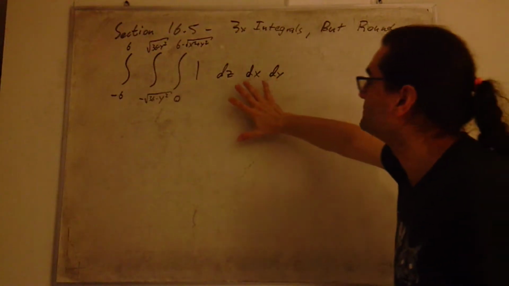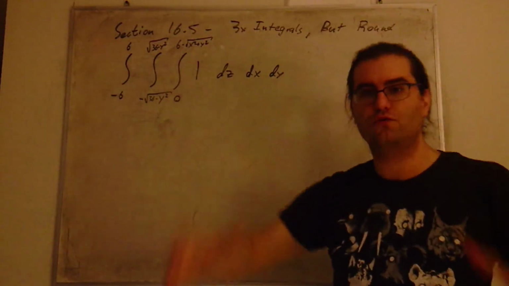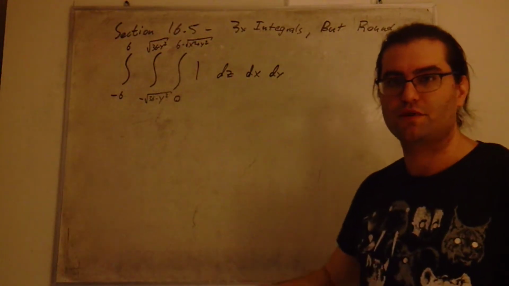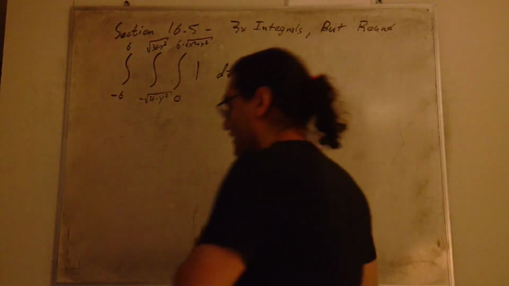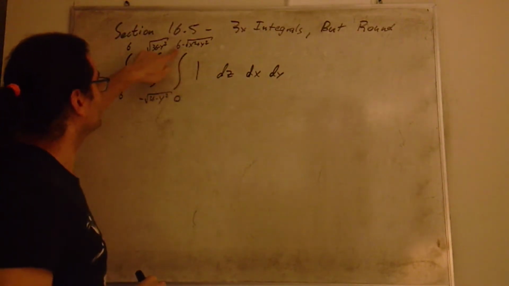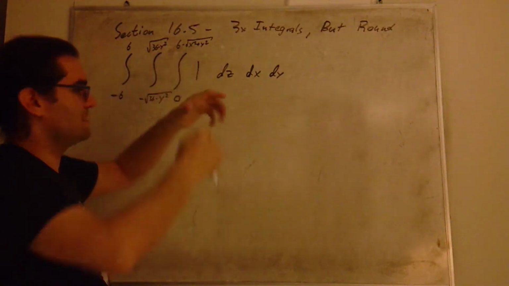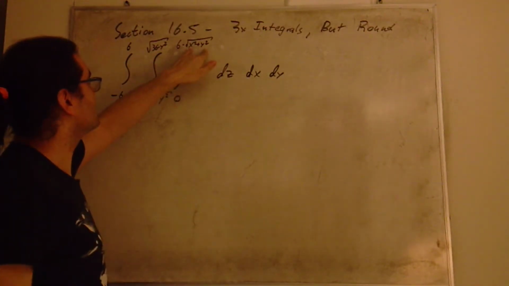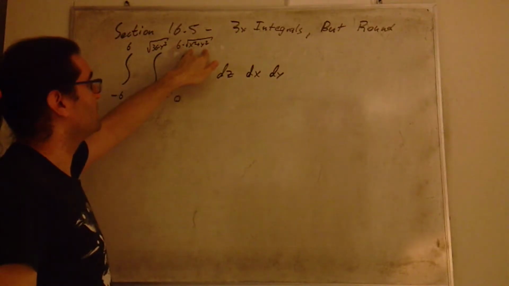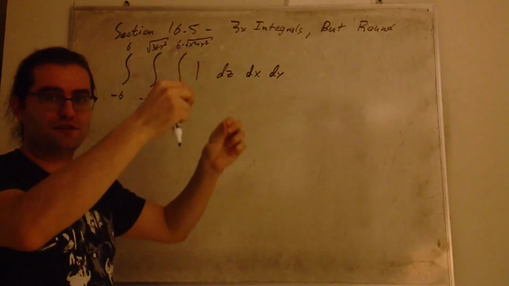But we know that this is a cone. This is a cone above the xy plane. It starts on the z-axis at a height of 6. As for this square root of x squared plus y squared, we know that that's just r. So as r increases, this thing decreases linearly.